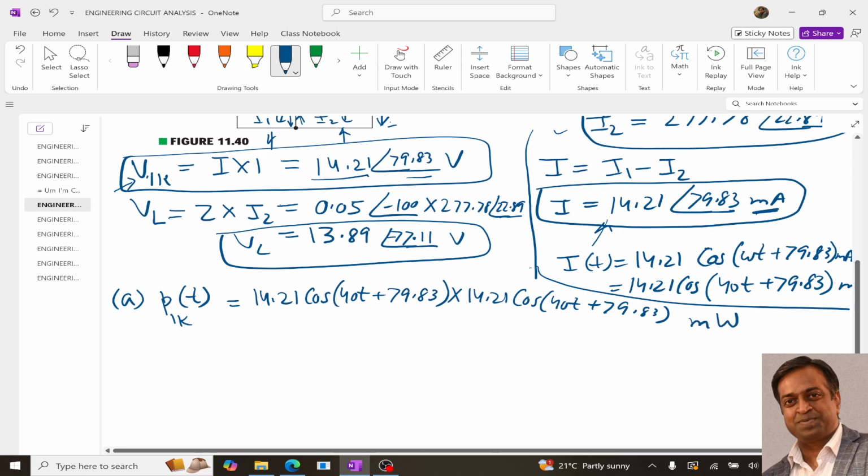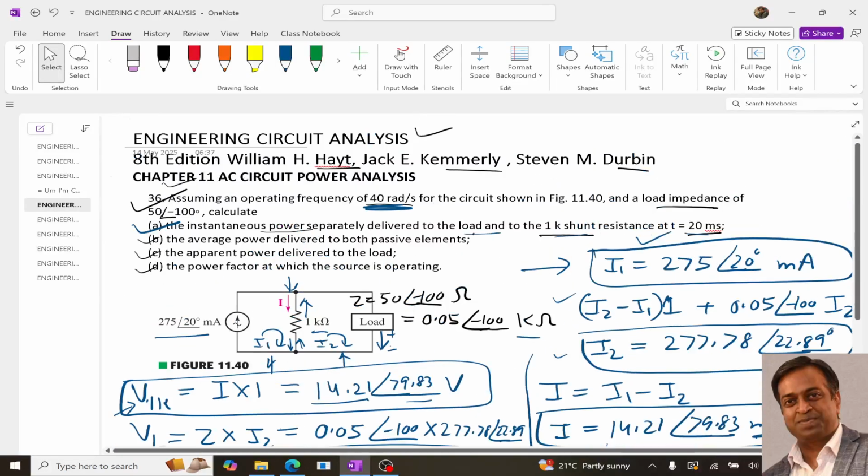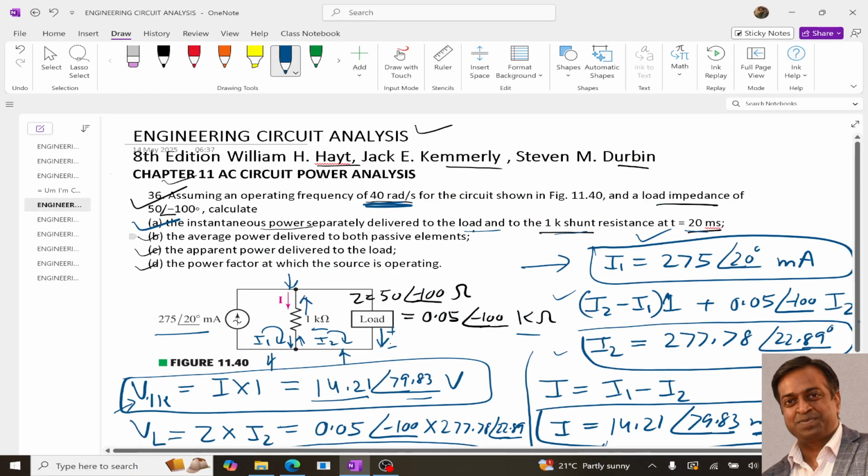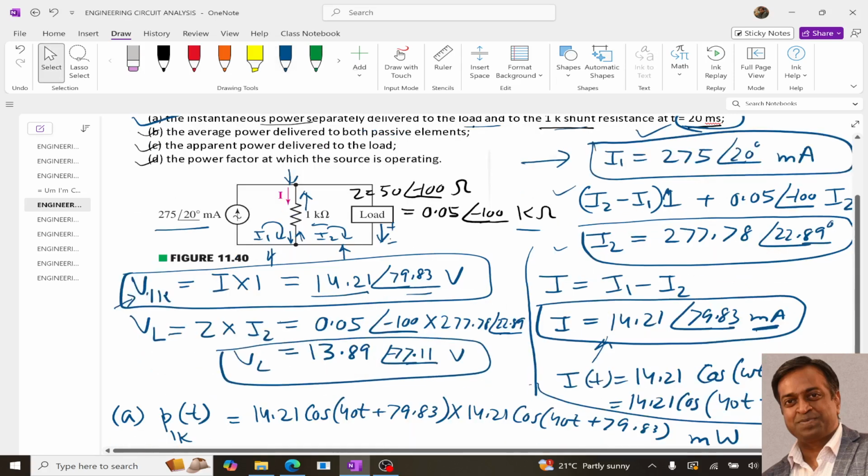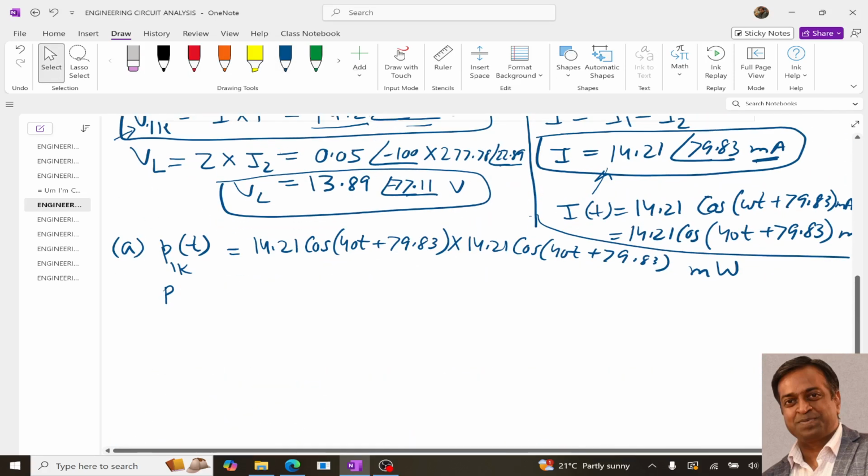Right, and because we need to determine the power at 20 milliseconds, substituting this value: 20 milliseconds means 0.02 seconds. So substituting this value over here and here and solving this, you will get the answer is 67.926 milliwatt.